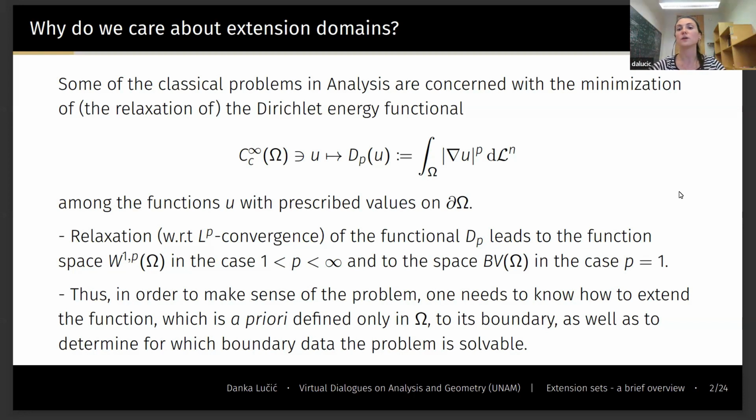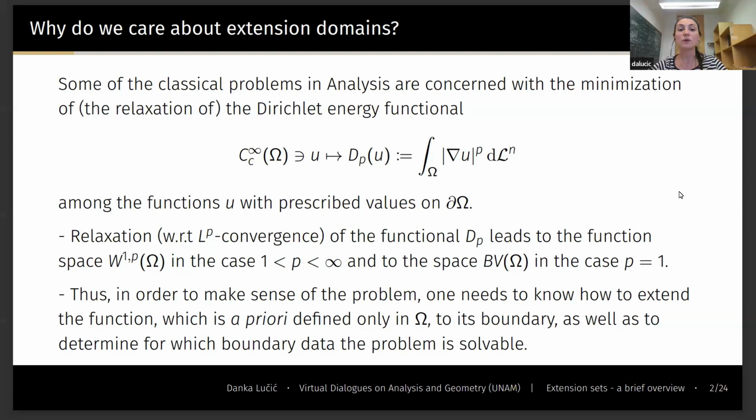And if we relax this, take a lower semi-continuous envelope of this functional, and consider also our functions u with prescribed values on the boundary, we want to find minimizers of this kind of energy, prescribing the values on the boundary of Ω.